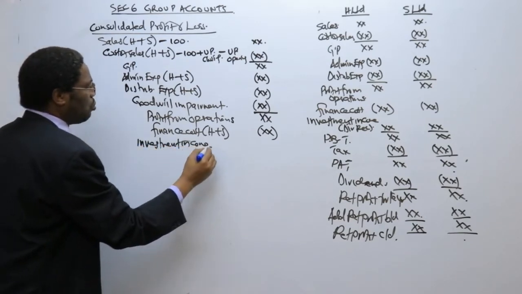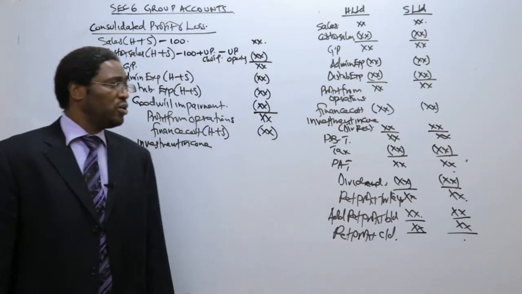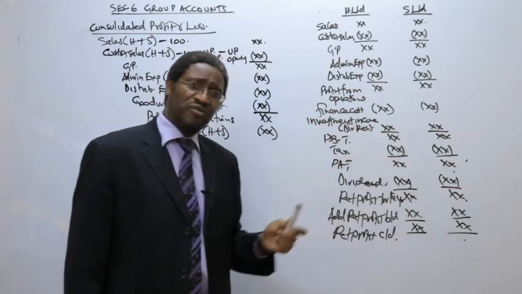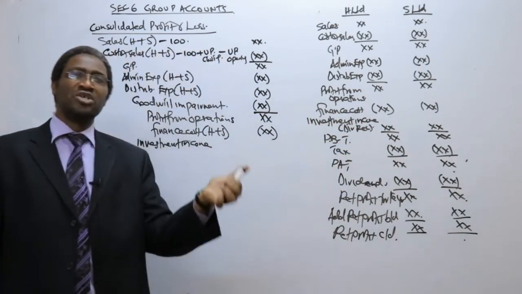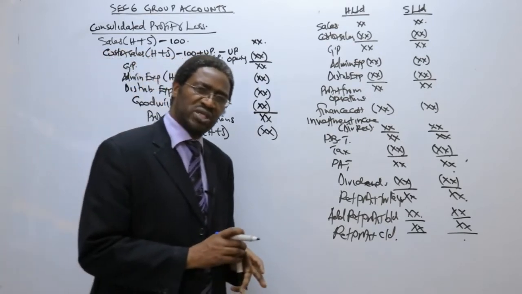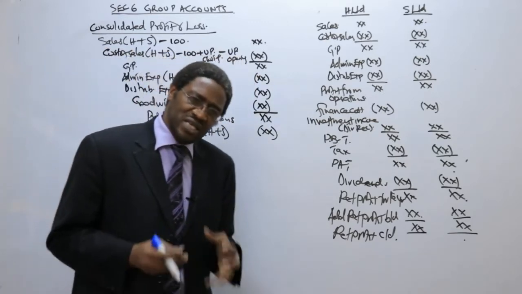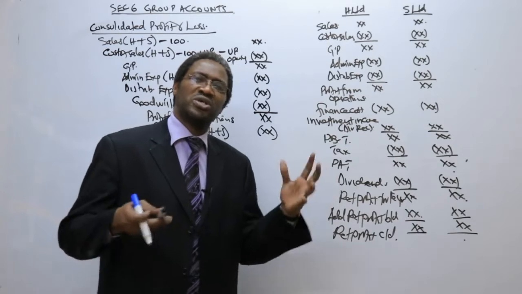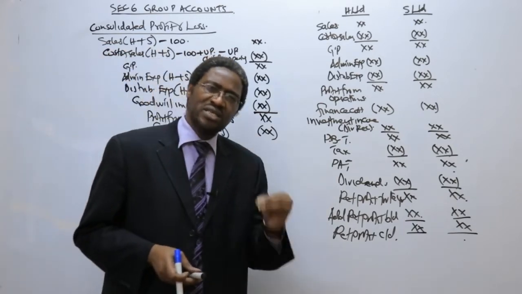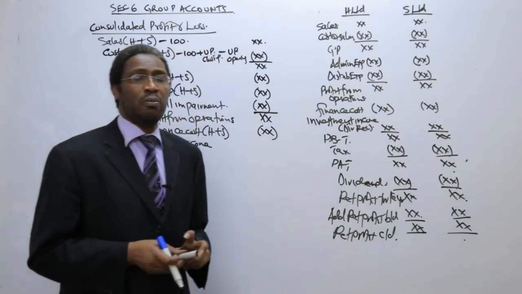That one I do hope you remember. We said you don't just add these two. Don't add the one of the holding plus the one of the subsidiary to become the group investment income. I hope you still remember we said to determine the group investment income, only that income that the group received from an outside source should go to the group profit and loss.